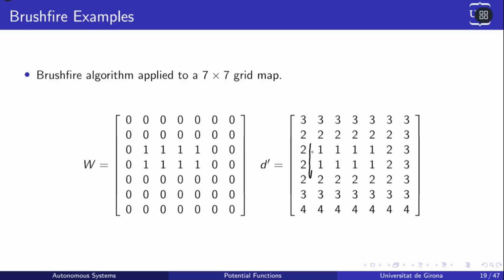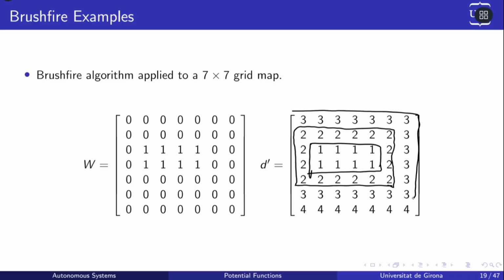Here you have the original obstacle, was this one, then all the cells that were touching this original obstacle are at distance 1 from this obstacle, I have a 2, then all these are at distance 2, now I have a 3, and then all of these ones are at distance 3, I have a 4.